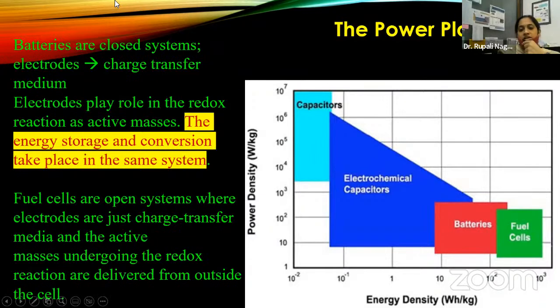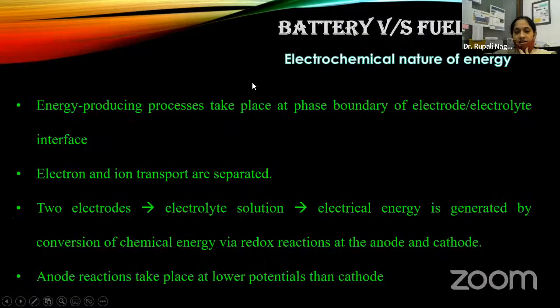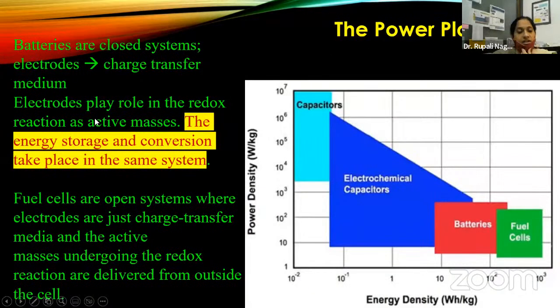So batteries have another feature, and over here I have compared them with fuel cells because this is in connection with the previous slide, that batteries are actually closed systems, and whatever energy production is taking place is happening inside. Electrodes are the places where redox reactions are happening, and energy storage and conversion take place in the same system.